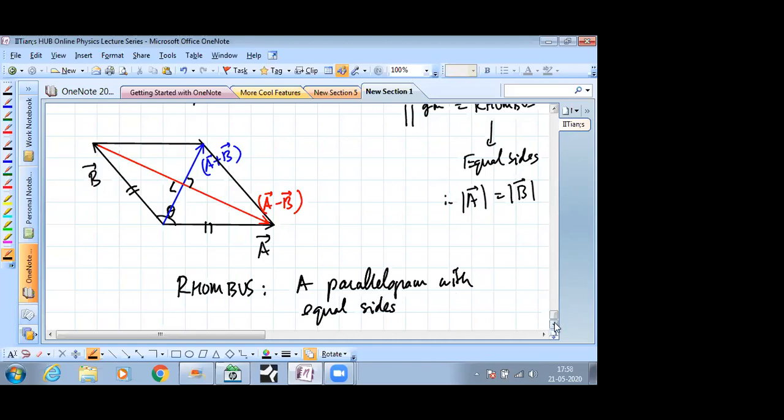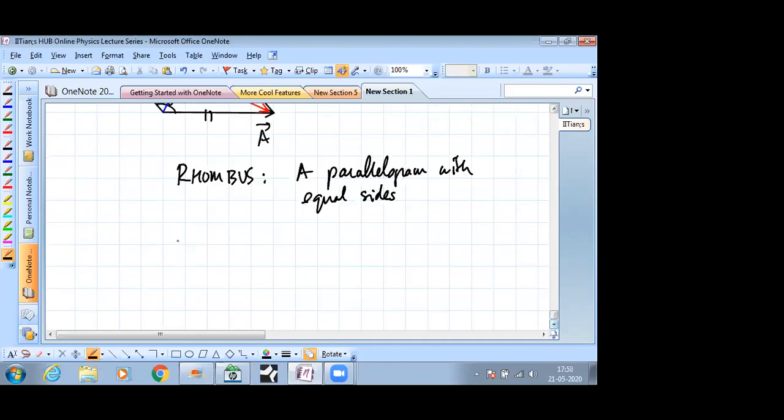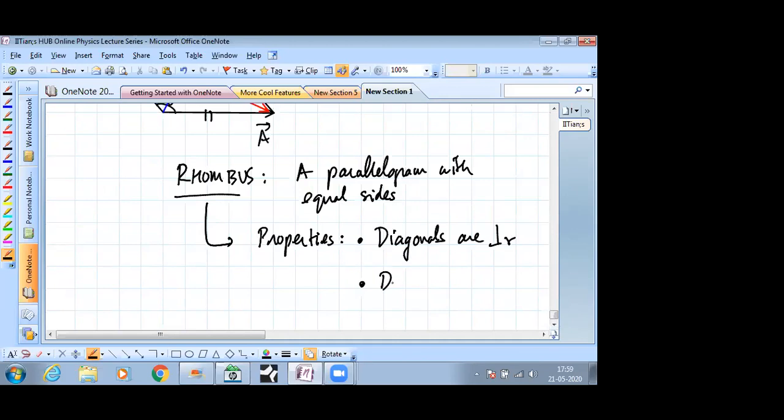And the properties of a rhombus are that the diagonals are perpendicular. Okay, that's one thing. Secondly, the diagonals bisect each other.